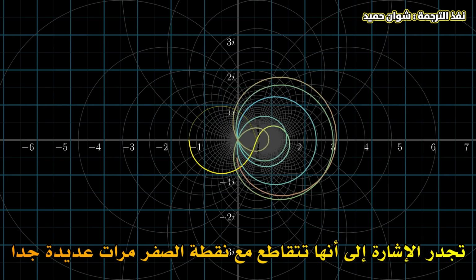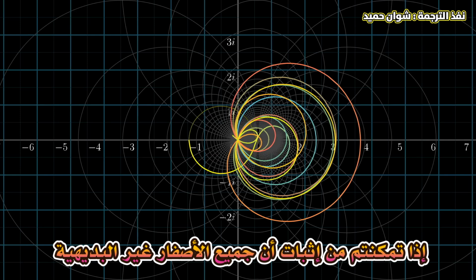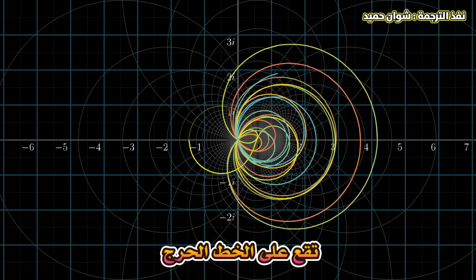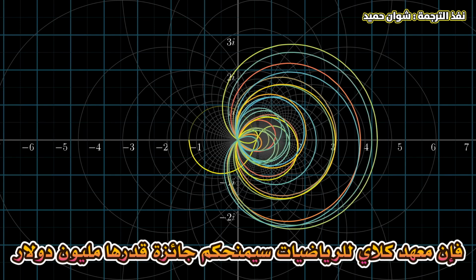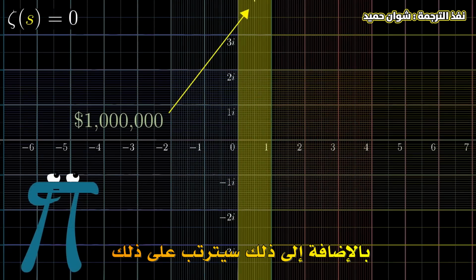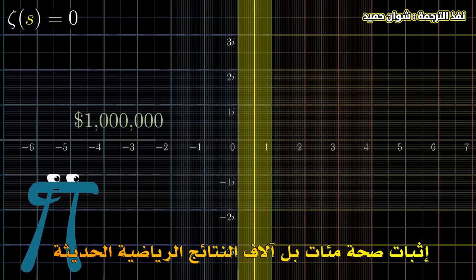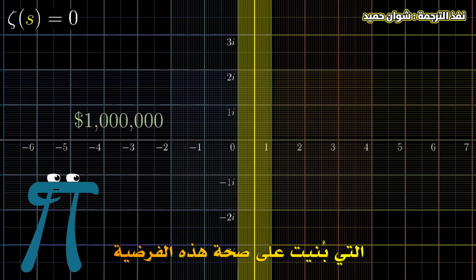Notice how it's passing through the number 0 many times. If you can prove that all of the non-trivial zeros sit somewhere on this line, the Clay Math Institute gives you $1 million. And you'd also be proving hundreds, if not thousands, of modern math results that have already been shown contingent on this hypothesis being true.